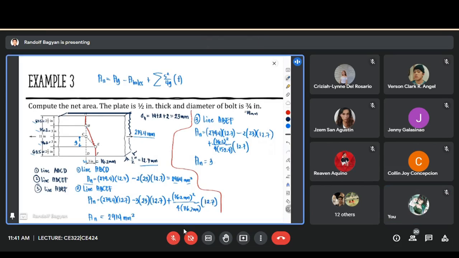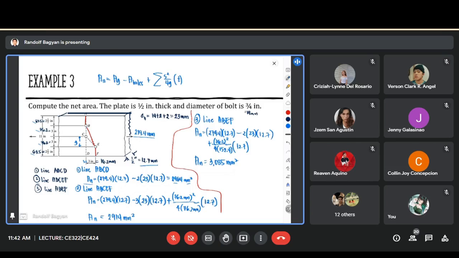Square millimeter. Let me check. Plus stagger 76.2 squared divided by 4 times 152.4 multiplied by thickness 12.7. 3,085 square millimeter.